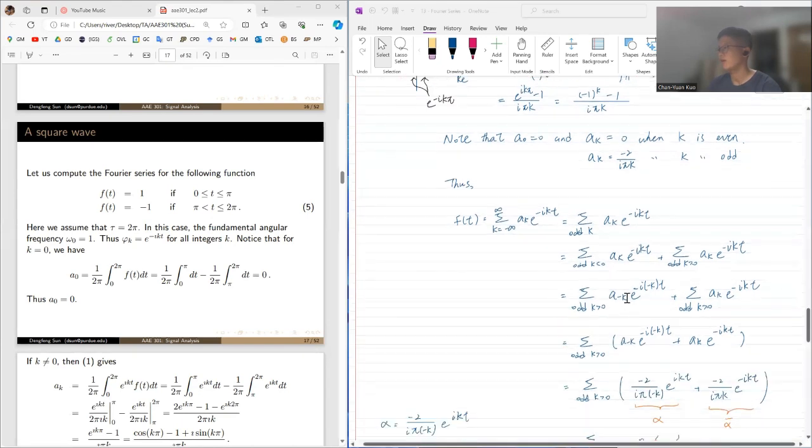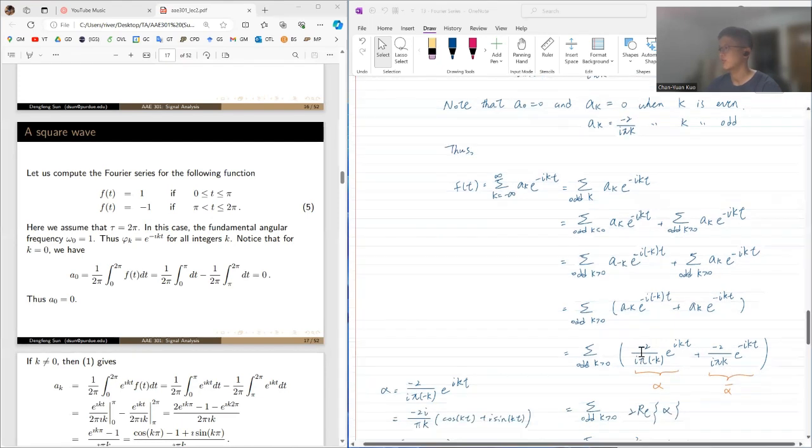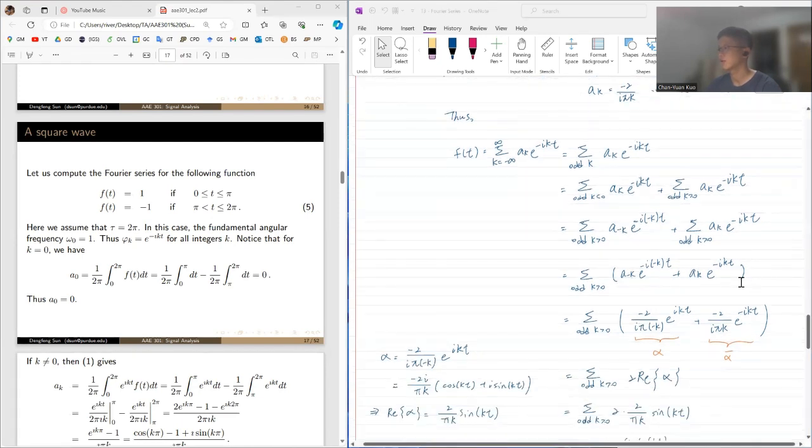And now that we have both summations over positive odd k, we can combine these two terms and we will get something like this. And now we substitute the value of a negative k and a k into this expression. And what we will get is these two products here.